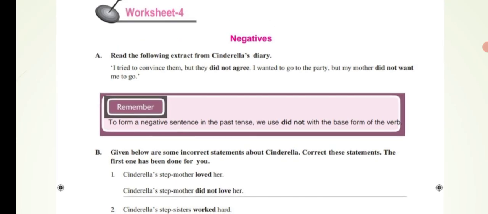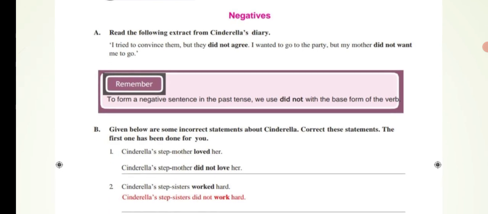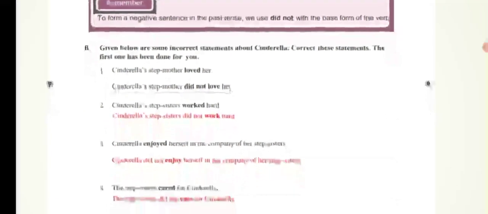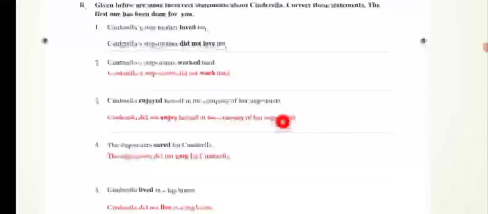The next is Cinderella's stepsisters worked hard. Now we have to change it into negatives, and the answer would be Cinderella's stepsisters did not work hard. So did, then negative not, and work, base verb. Similarly you can find the other answers as well.